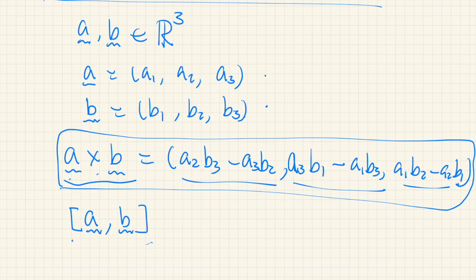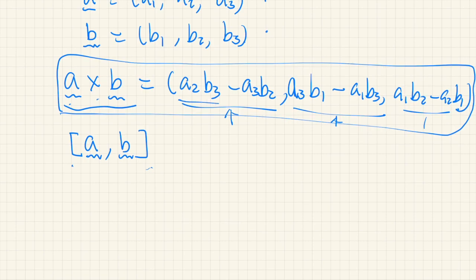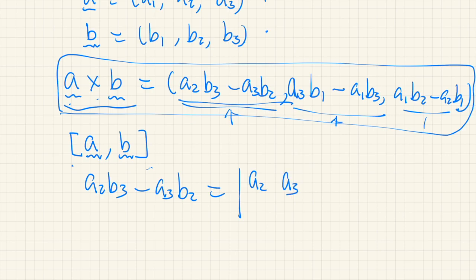Now, let's look at these components more closely. The first component, A2 B3 minus A3 B2, is also expressed as the determinant of this 2 by 2 matrix, that is A2, A3, B2, B3, right? So A2 times B3, that's this, minus A3 times B2, that's this.